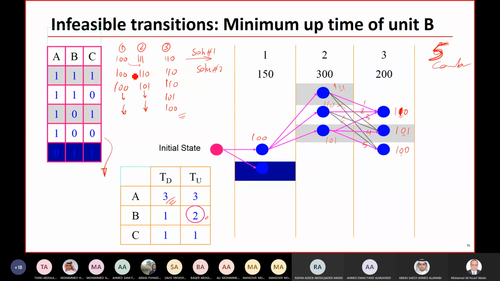If, for example, from this one, only unit B is on, you will start unit B, so you have the cost of unit B only to move from this to this one. If you move from this one to this one, you have also the startup cost of unit B, and so on.